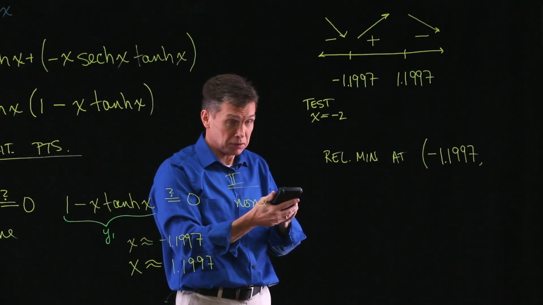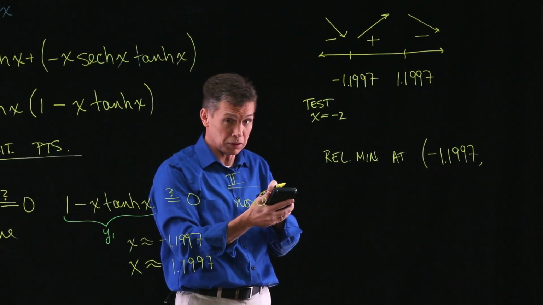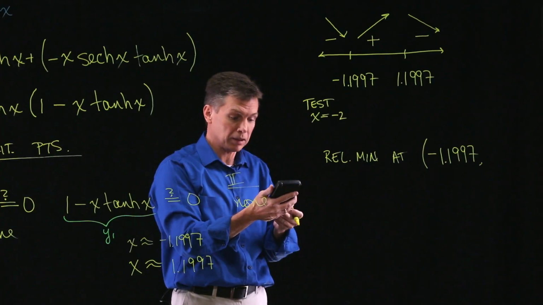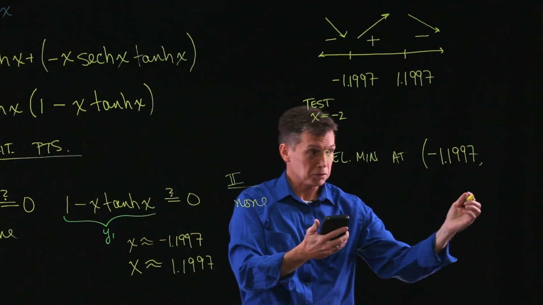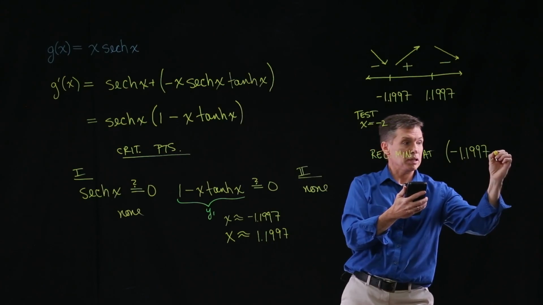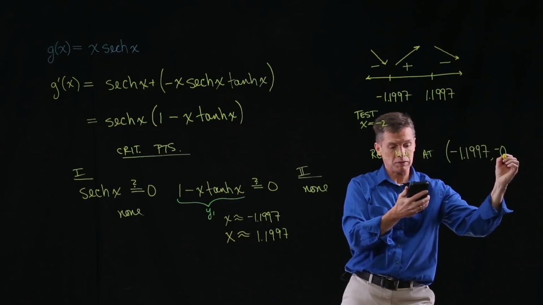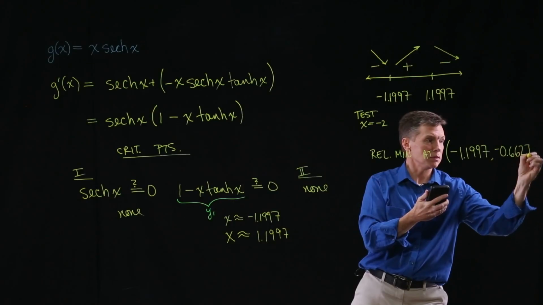I have to close the parentheses of the hyperbolic cosine and then close the parentheses that I had started because I knew I wanted to reciprocate that. So now I'll reciprocate that. Hit enter. Now I've got my results. If I round, I am getting a negative 0.6627.